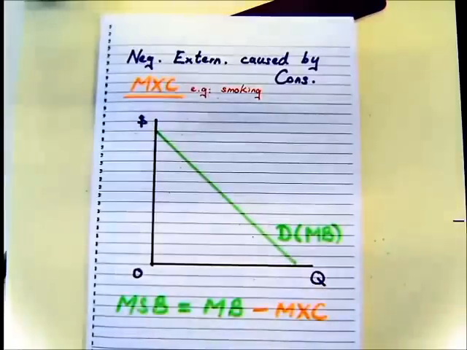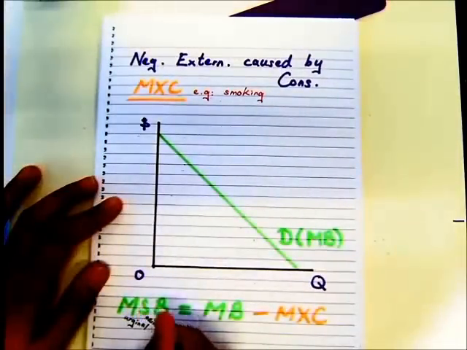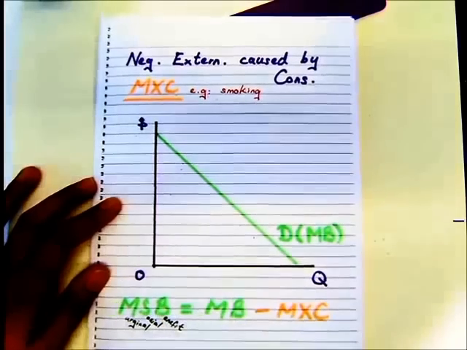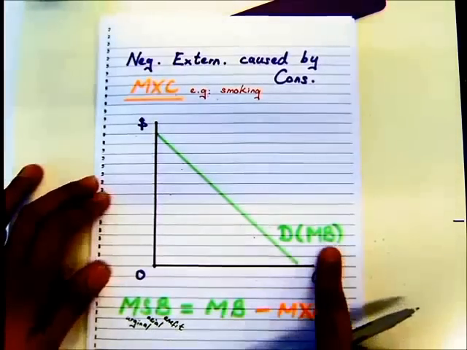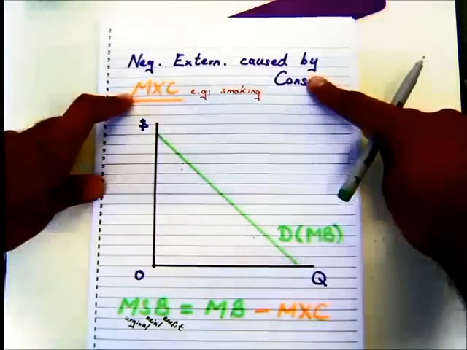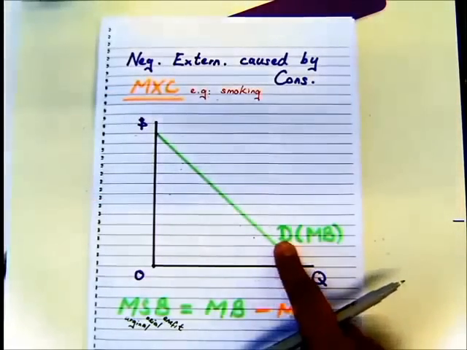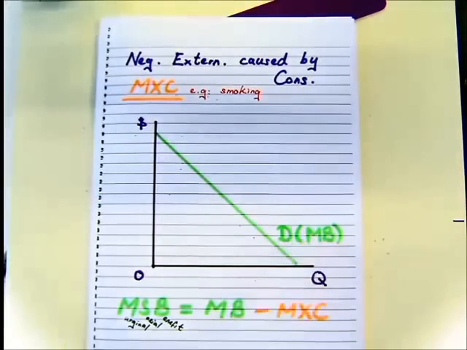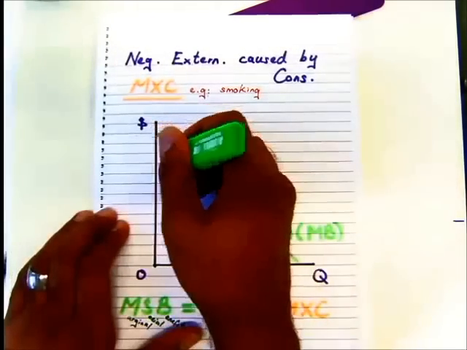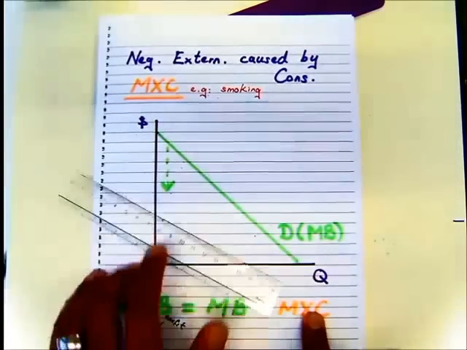MSB stands for marginal social benefit. So marginal benefit is the demand curve. The external cost is caused by the consumer, which is why I need to address the position of the demand curve. The demand curve is going to shift downwards because of this external cost.